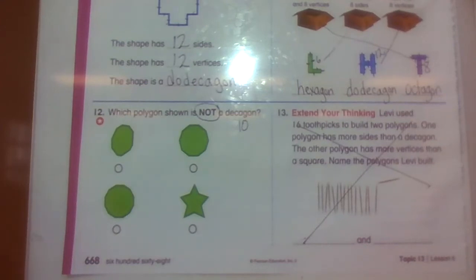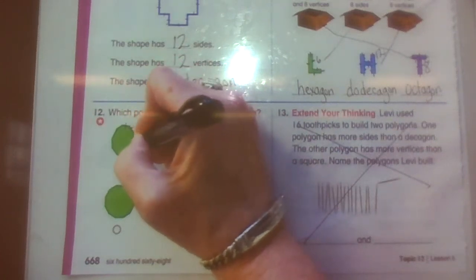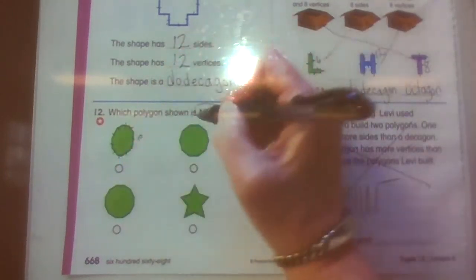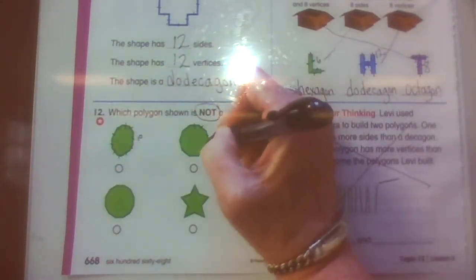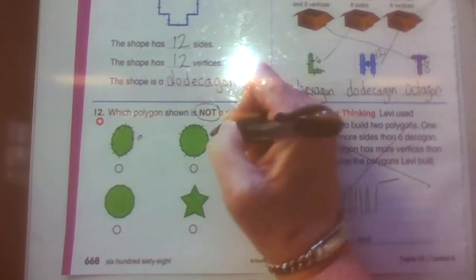So we want to find the one that does not have 10. Okay, 1, 2, 3, 4, 5, 6, 7, 8, 9, 10. 1, 2, 3, 4, 5, 6, 7, 8, 9, 10.